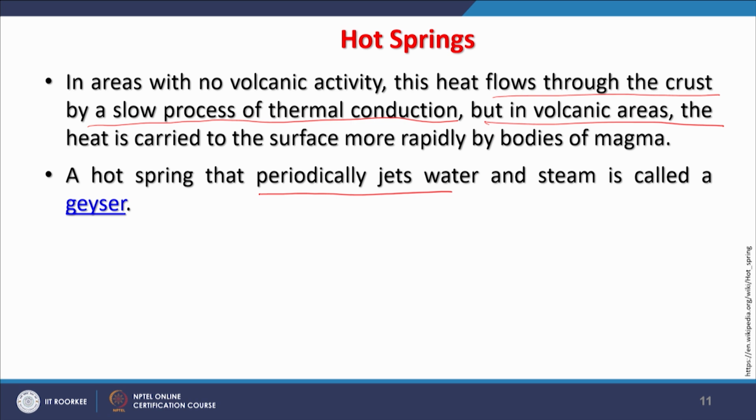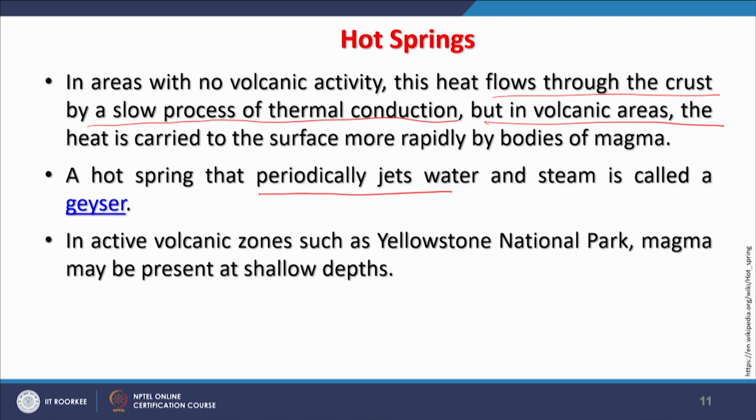Here sometimes there are huge jets which come up on the surface, and of course steam, and then we differentiate these as geysers as compared to hot springs, and they are very good from an energy generation point of view. In active volcano zones such as Yellowstone National Park in USA, magma may be present at shallow depth.